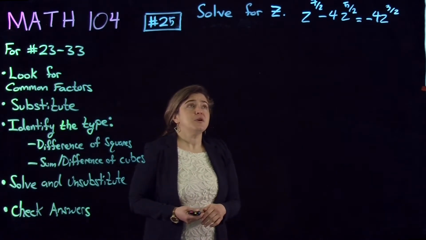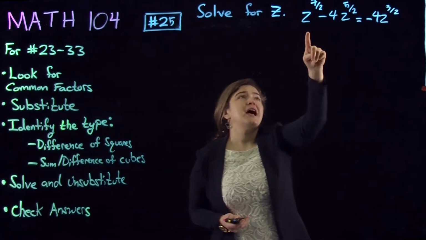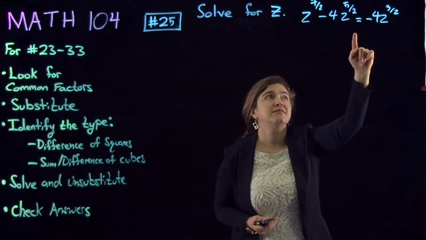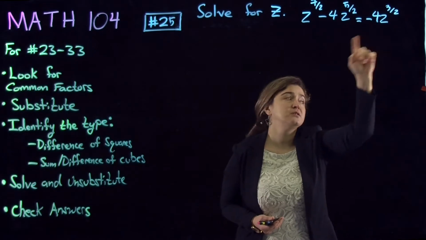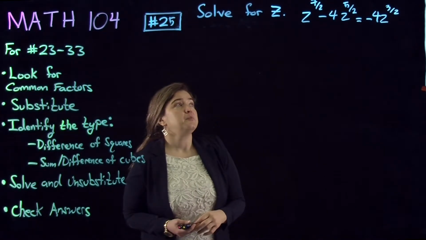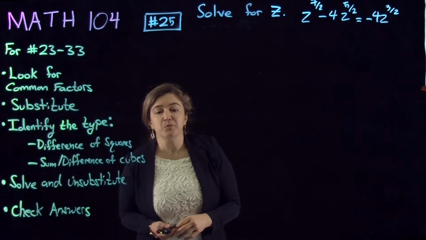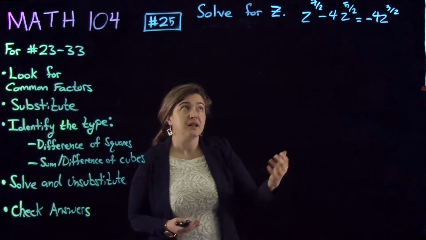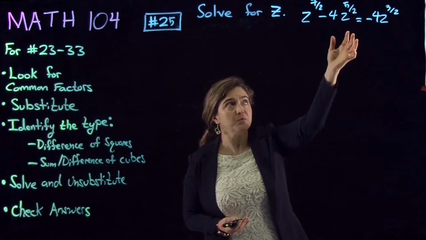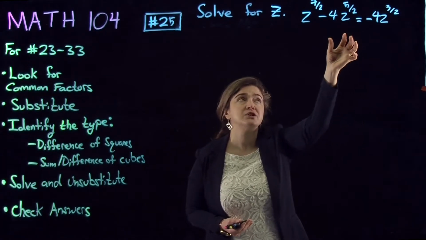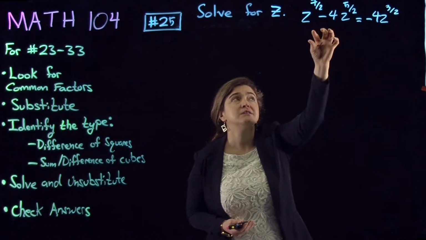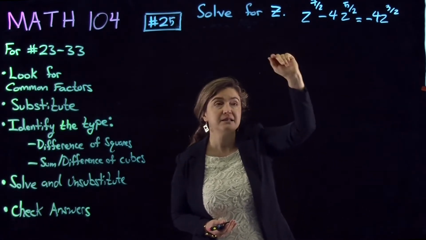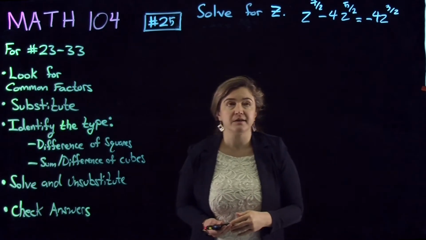And this question is what we have is z to power 7 half minus 4 z to power 5 half is equal to negative 4 z to power 3 half. What I observe is that when solving many equations that involve powers, what you want to do is to have all terms on one side and 0 on the other side.